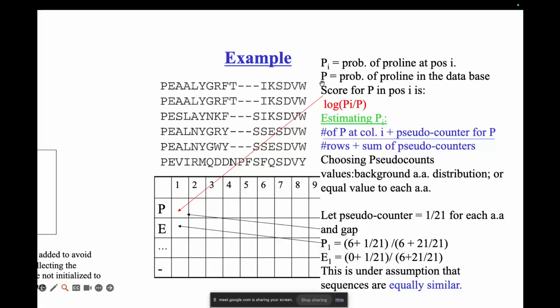Then this capital P will be 200 by 5,000, which is like 2 by 50, and this will be 1. Then you can calculate the log of the ratio, and if you do that for every amino acid at every position, you get what is known as the PSSM.